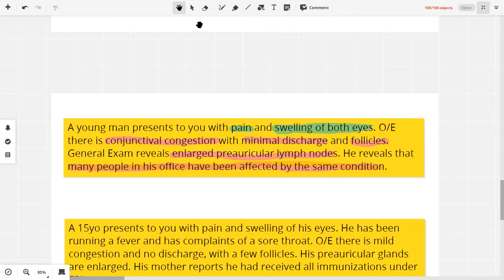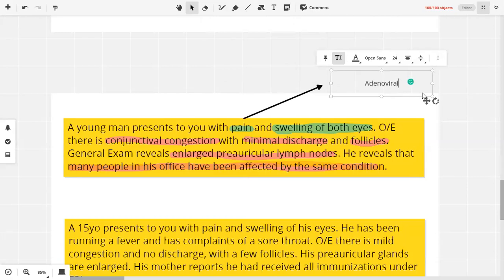and our diagnosis will be viral conjunctivitis. These are the different subtypes of viral conjunctivitis. Adenovirus. Okay. Whenever you think of viral conjunctivitis, you should always include adenovirus in your differentials. This is adenoviral conjunctivitis.